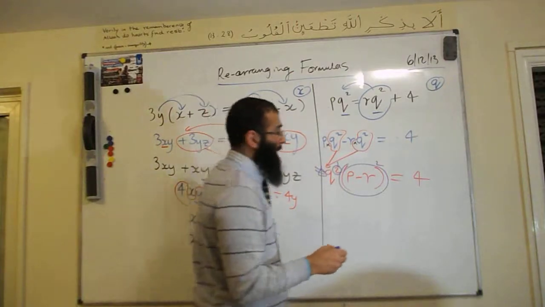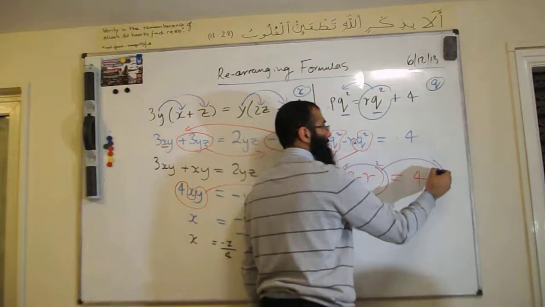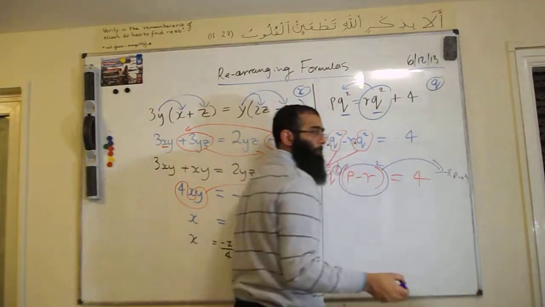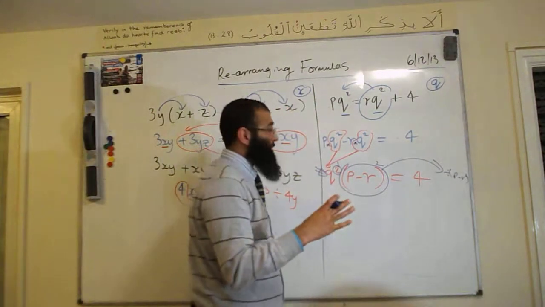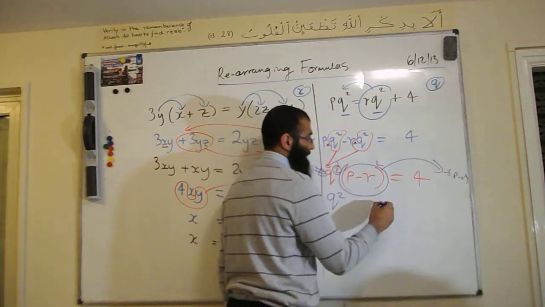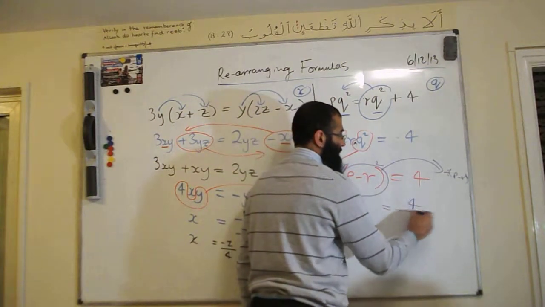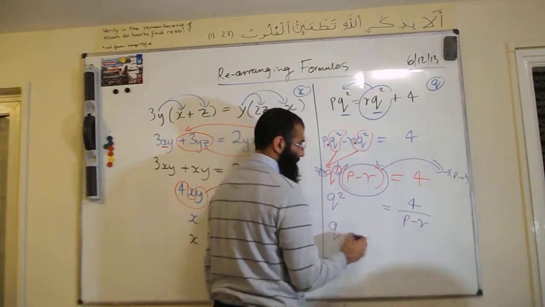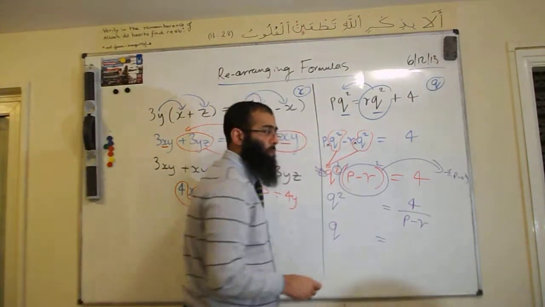The opposite of multiplying by p minus r is dividing by p minus r. We have to move that action first because when we solve, we always move the last action first. So here we have q squared is equal to 4 divided by p minus r. Now, what do we have to move now?